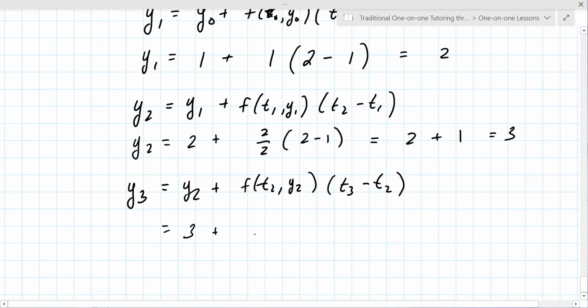So this one kind of was boring because it always ended up being the same value, but you can see this. So this ends up being 3 plus 1, which is 4.